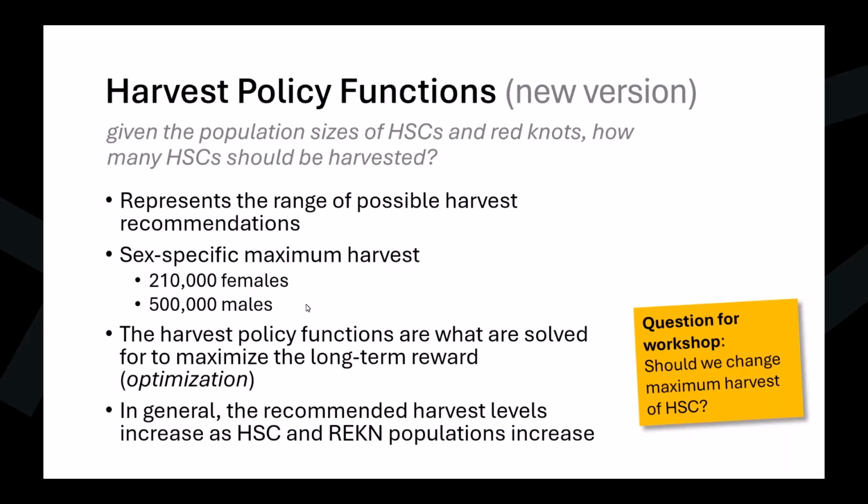So that's a very influential value in setting the shape, and well, yeah, that's the best way to say it, setting the shape of these harvest policy functions. Different values for these maximum harvest numbers are going to be very influential in the recommendations that come out from the ARM. So we want to talk about those at the workshop.